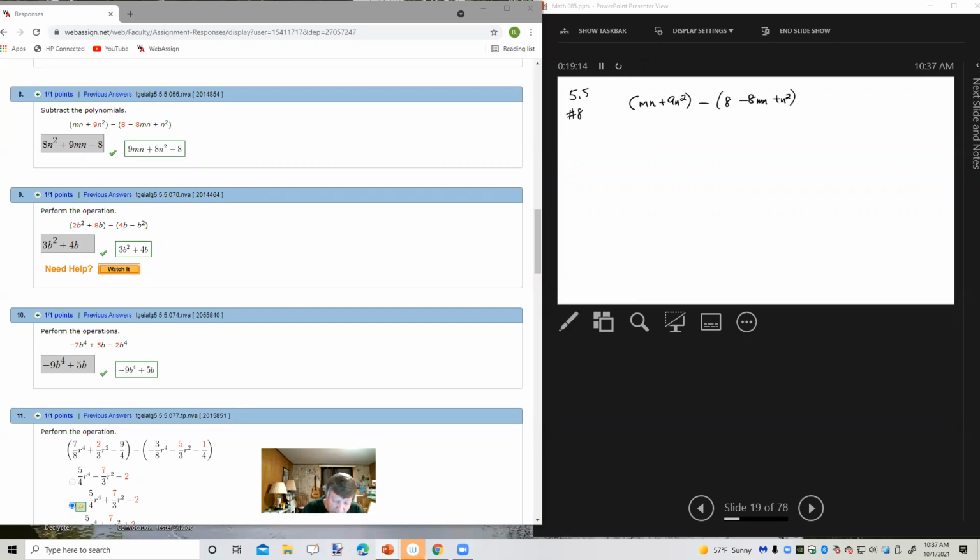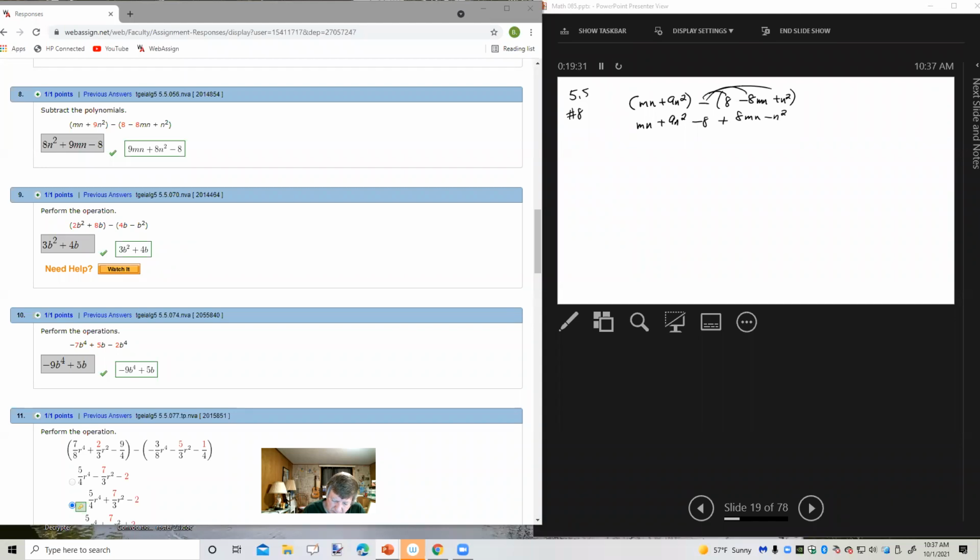Nothing in front of the first grouping, so we just bring down the contents without the grouping symbol. Distributing subtraction, minus 8, minus times minus, plus 8mn, and then minus n squared.